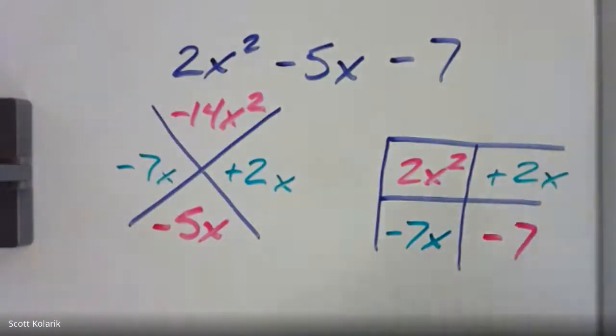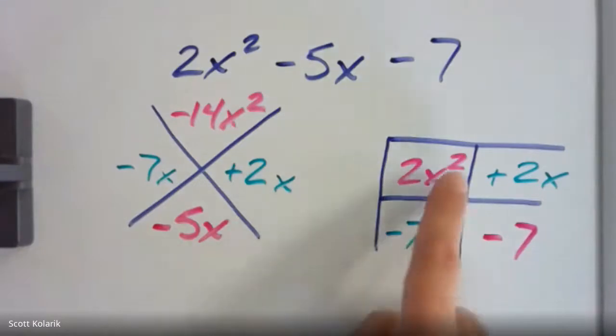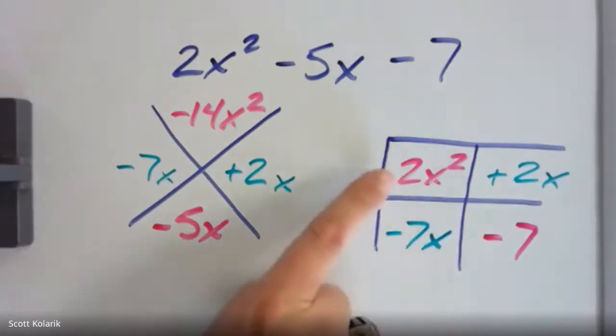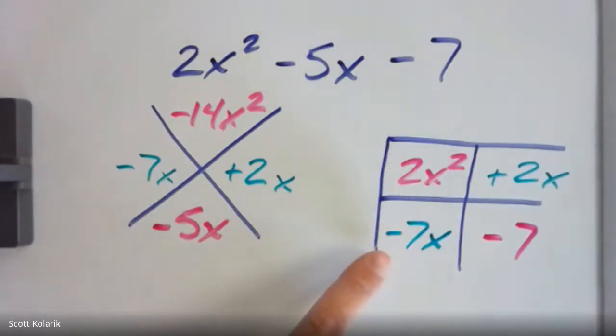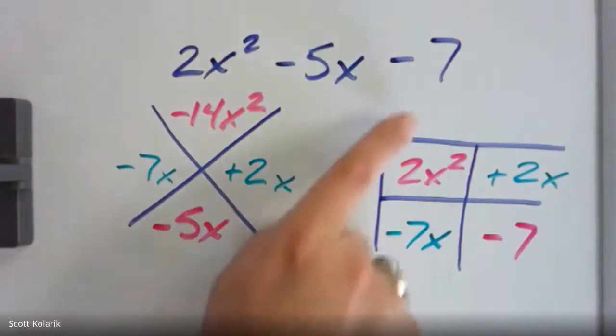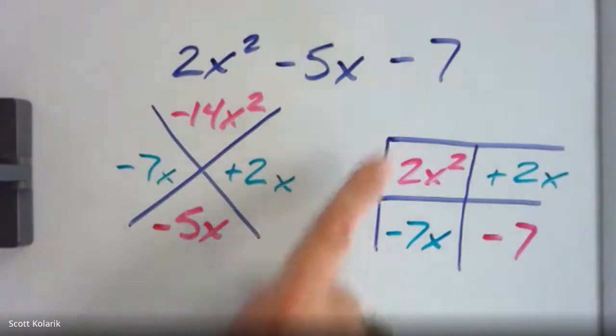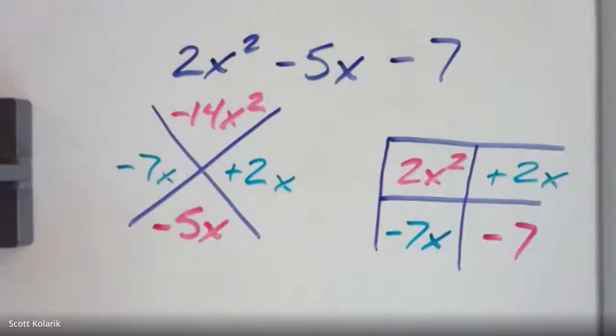So I usually start with the first column. And my suggestion again is to deal with numbers separately from letters, just to not overwhelm yourself. So looking at my 2 and negative 7, the only number that is a common factor of both 2 and negative 7 is 1. There is no common factor beyond 1. So I'll write the 1.